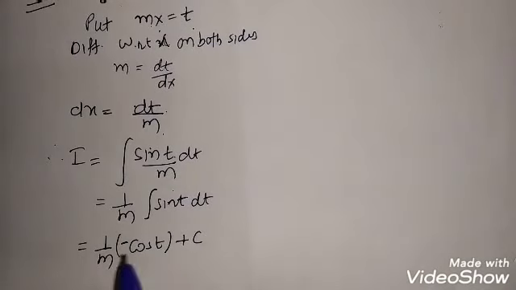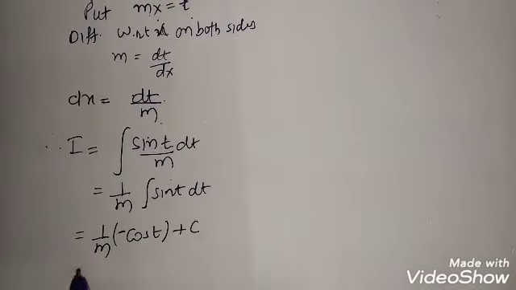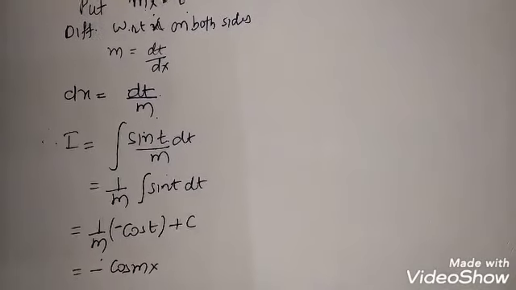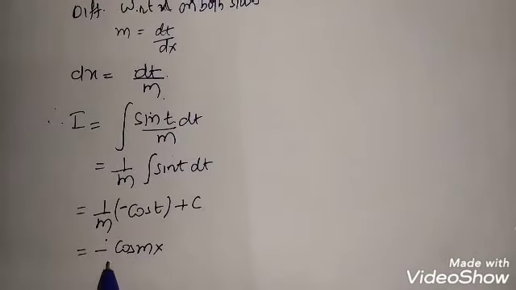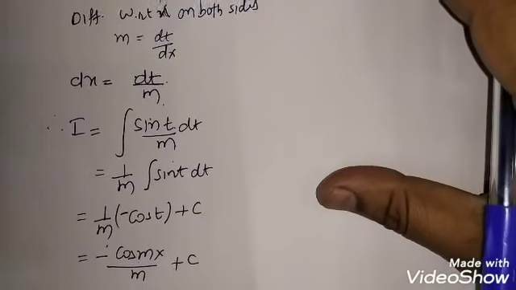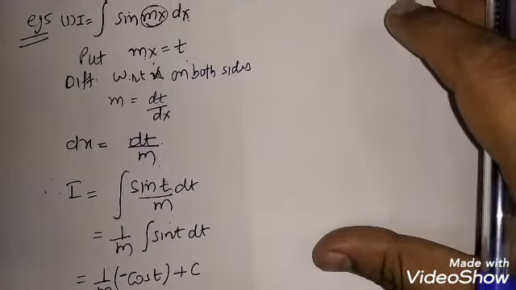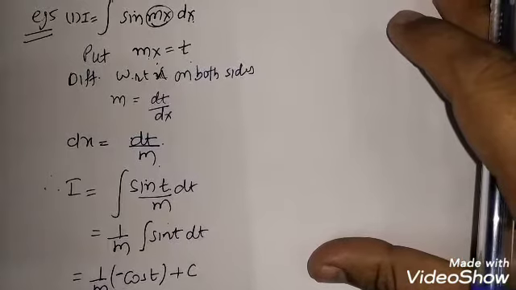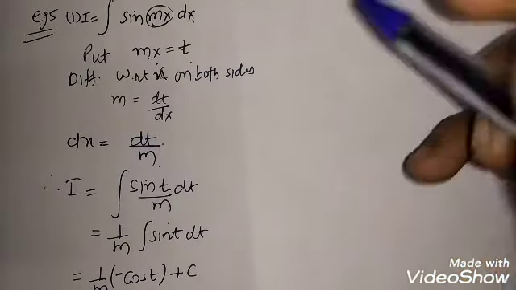Just put the value of t over here. You're having your answer: minus cos mx upon m plus c is the required answer.